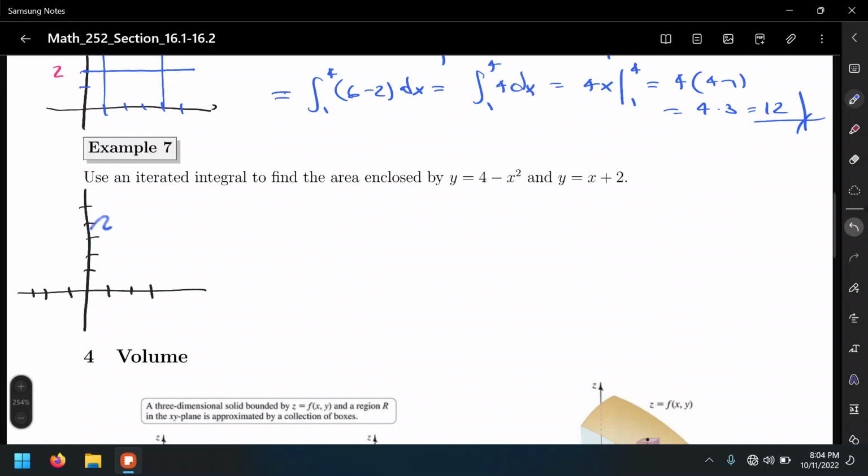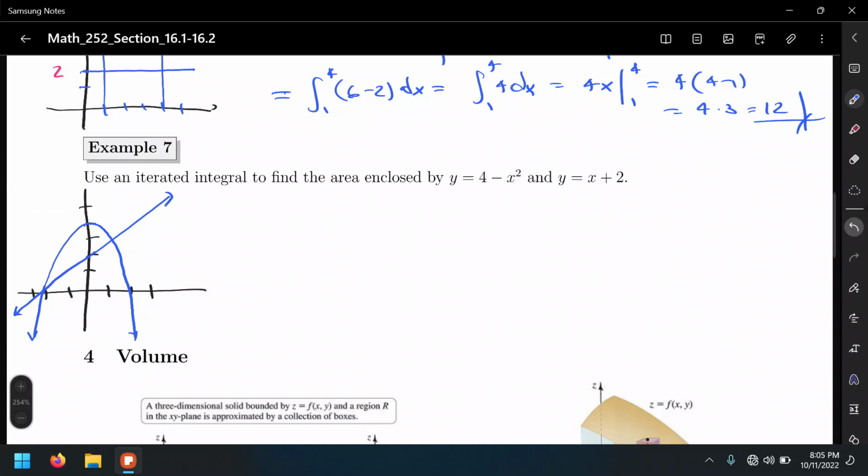So it's a parabola 4 units up and having x-intercepts at plus and minus 2. And it's upside down. And we also have the line y equals x plus 2, which is a straight line with a y-intercept at 2 and a rise over run of 1. So I'm going to go like this, basically. So that's the region of integration.